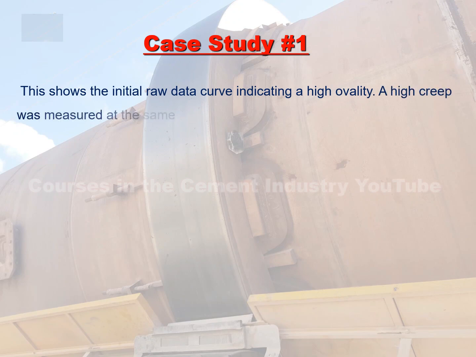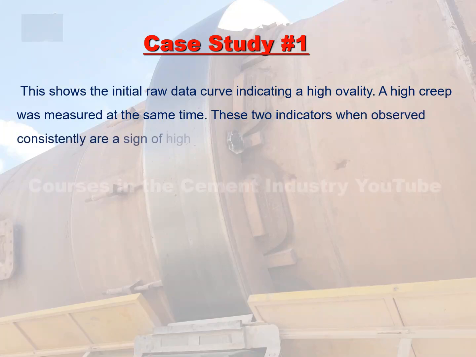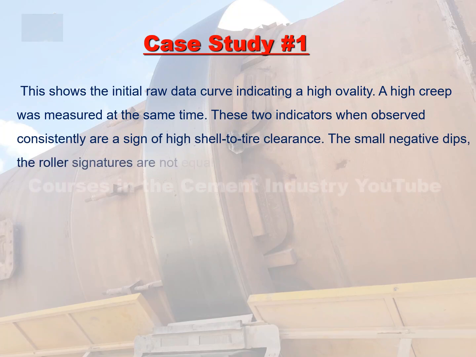A high creep was measured at the same time. These two indicators, when observed consistently, are a sign of high shell-to-tire clearance. The small negative dips, the roller signatures, are not equal, an indication of roller misalignment.